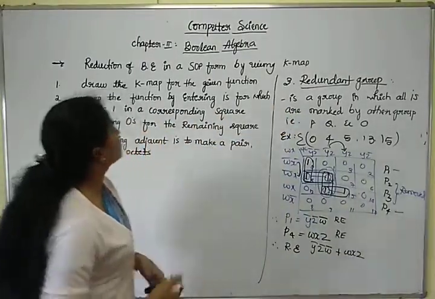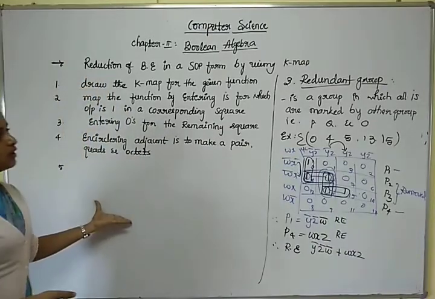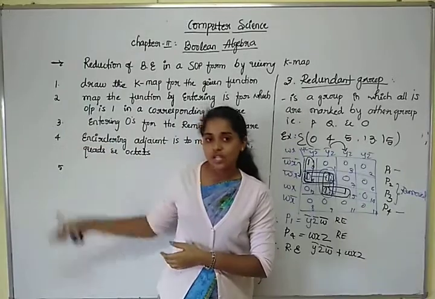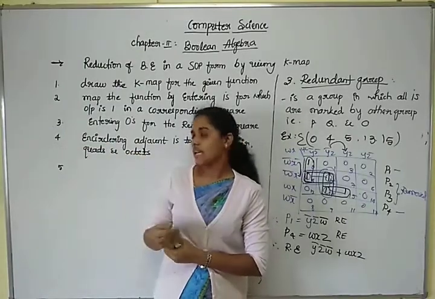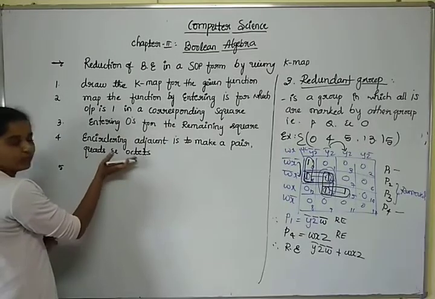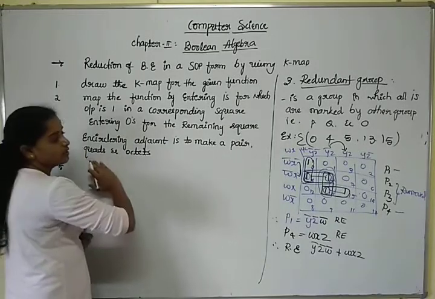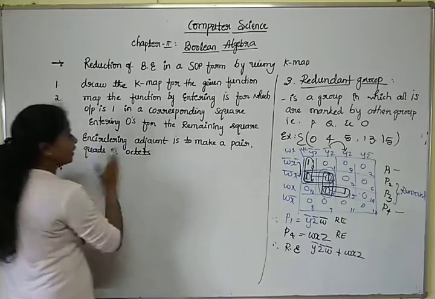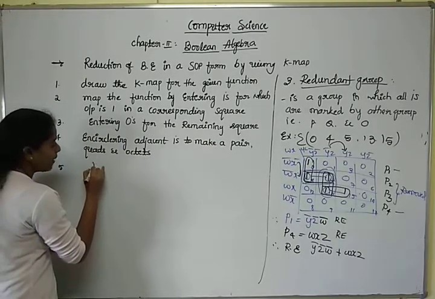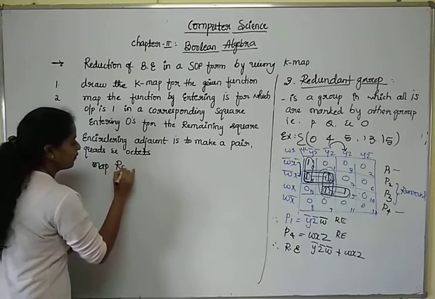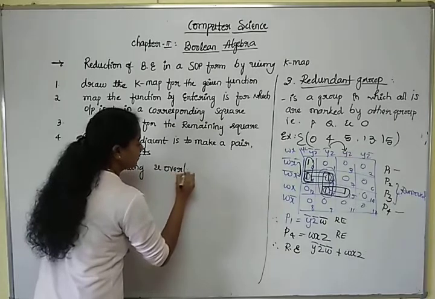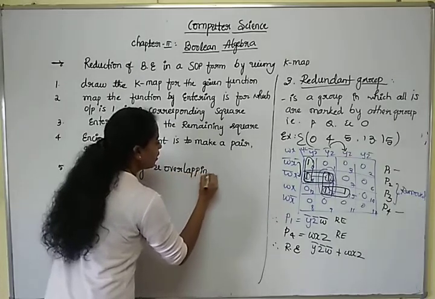So now let us move on to the steps. What are the steps to be followed for solving the reduction of the sum of products Boolean expression by using the K-map? After the fourth step, encircling adjacent ones to make pairs, quads and octets, the fifth step is map rolling and overlapping.